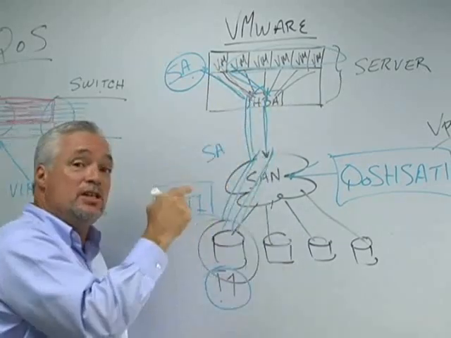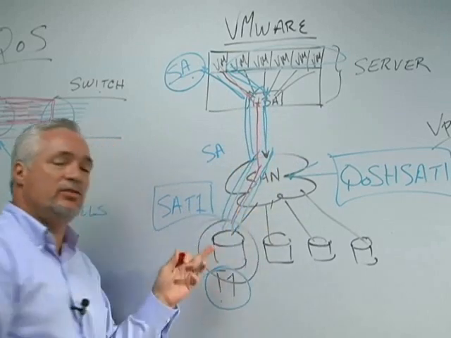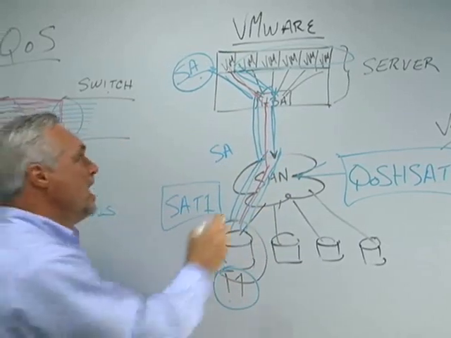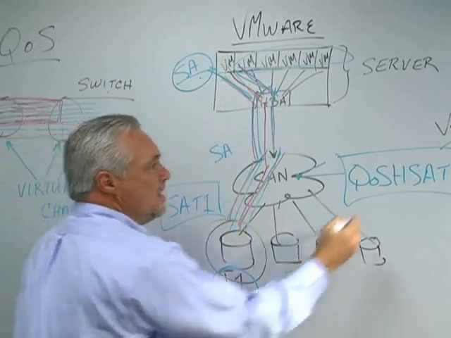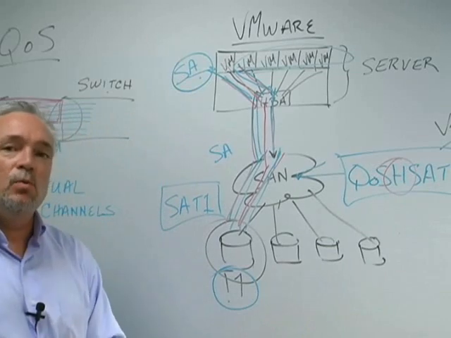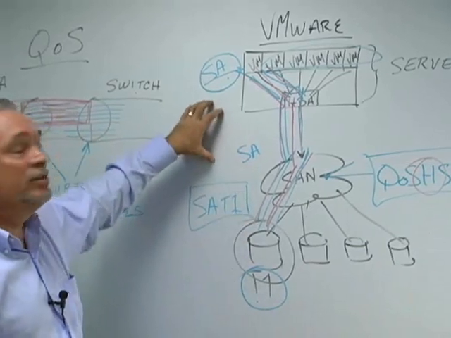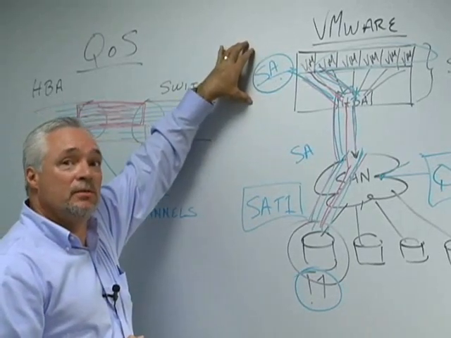from that virtual machine through this HBA, out through the SAN, right to the target port. I isolated it and I prioritized it with high. What's the difference and where does that make any sense? Before, you would never put this Exchange server on this virtual machine.